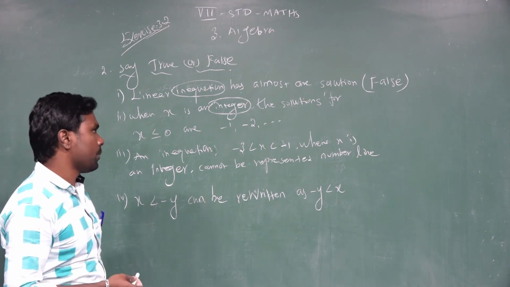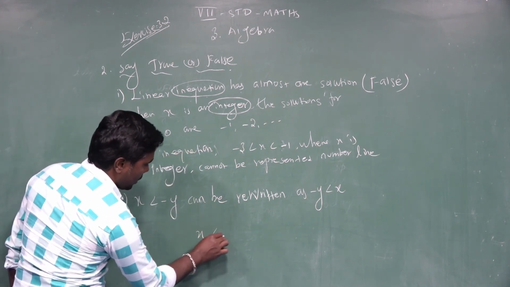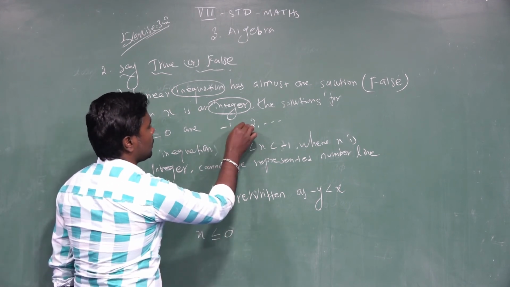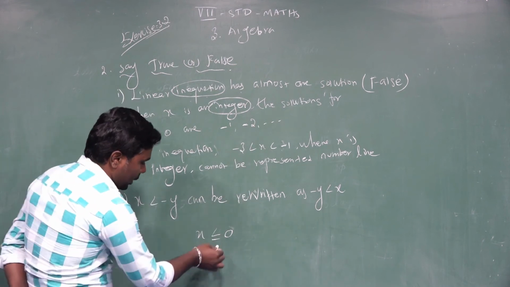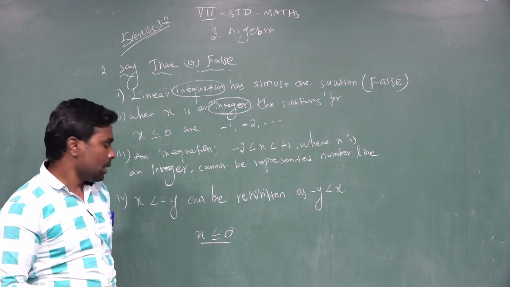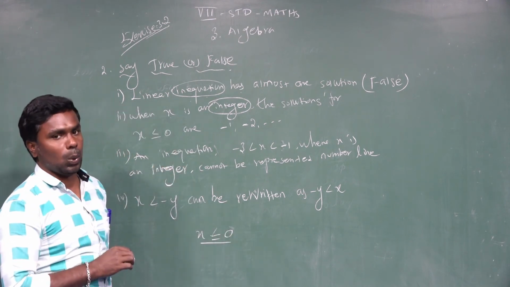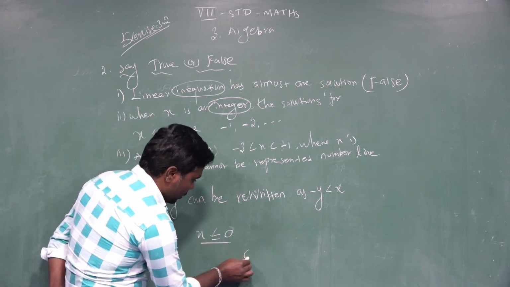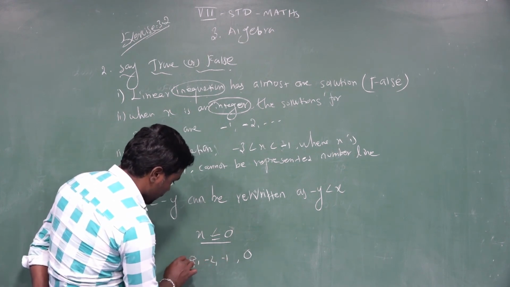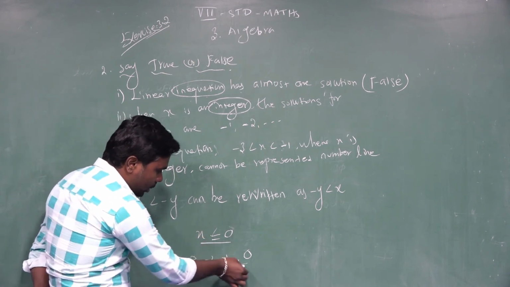The solutions for x less than or equal to 0 are 0, minus 1, minus 2, and so on. Here the condition is x less than or equal to 0, so these are the values of x.